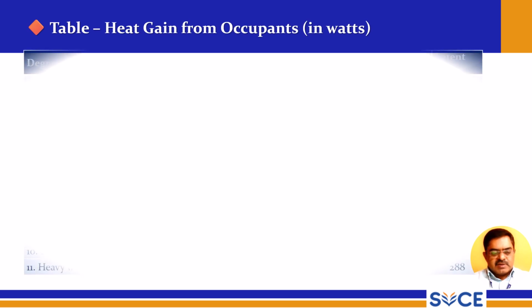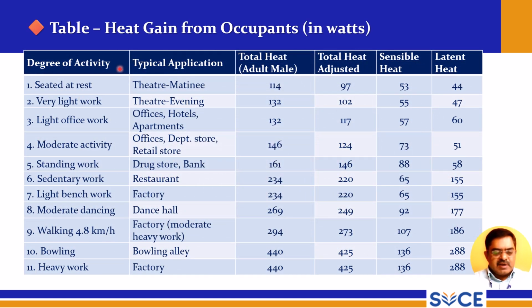So this is the table. You can see here degree of activity, typical application, total heat adult male, total heat adjusted, sensible heat and latent heat. Seated at rest is normally theater, it can be a matinee show, and very light work is theaters evening show. Light office work is offices, hotels and apartments, and moderate activity can be offices, departmental store and retail store. Standing work is drugstore, bank.